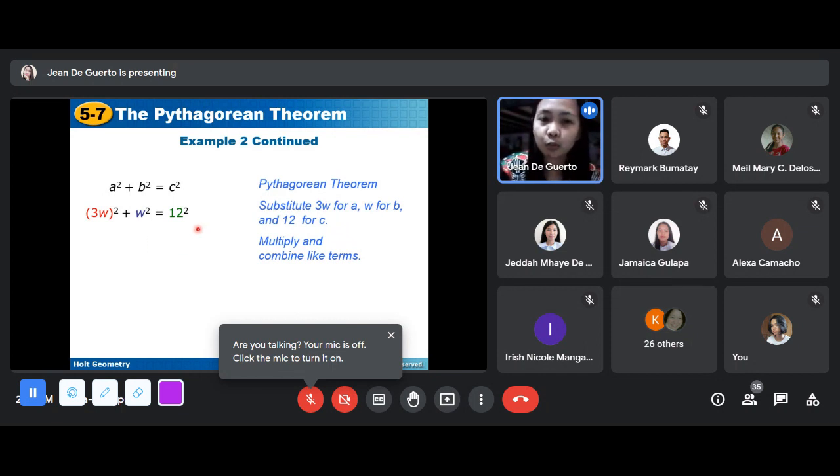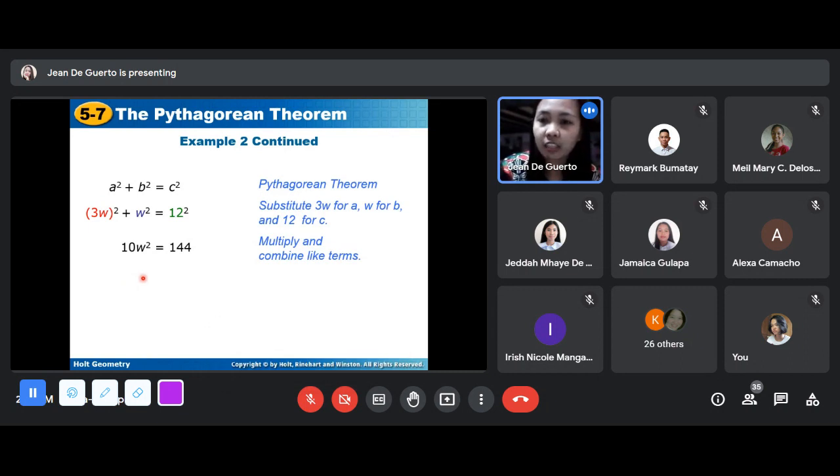So it is equal to 12 square. 12 square is 144. So therefore, we have 10W square. Then divide both sides by 10 para ma-cancel out yung kasama ni W square dyan. So therefore, we have 144 over 10. So W square is equal to 144 over 10.